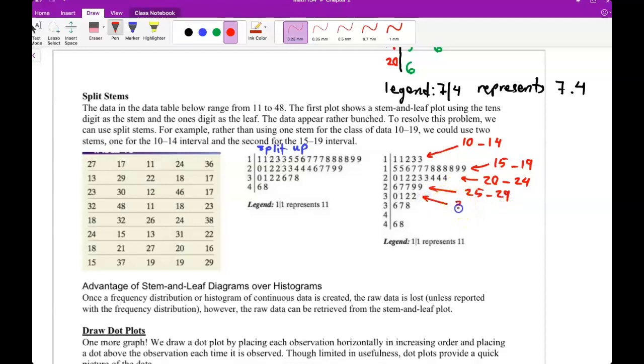This is 30 up to 34. That is 35 up to 39. And this one is 40 up to 44. We have nothing in that class.